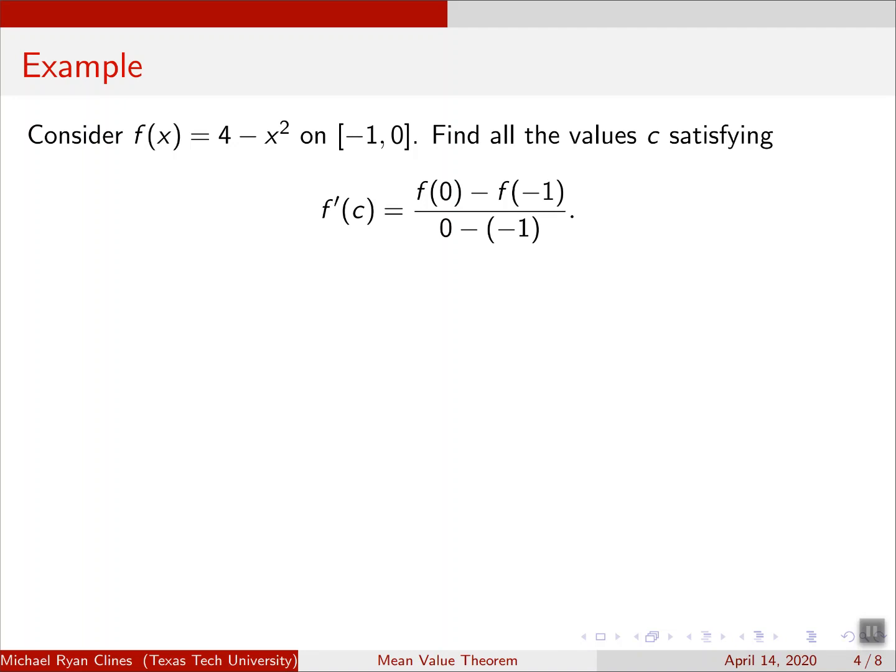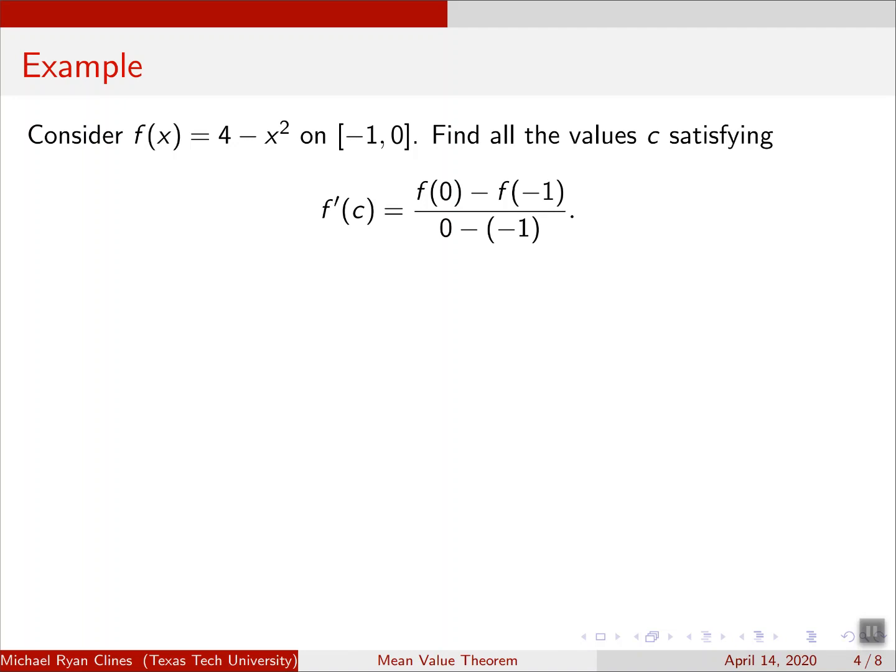The derivative of 4 minus x squared exists on -1 to 0. So the mean value theorem guarantees existence of this number. We don't know what it is, but we know it exists, so we can solve for it. So the first thing we want to do is evaluate that right-hand side, this f of 0 minus f of -1 divided by 0 minus -1.